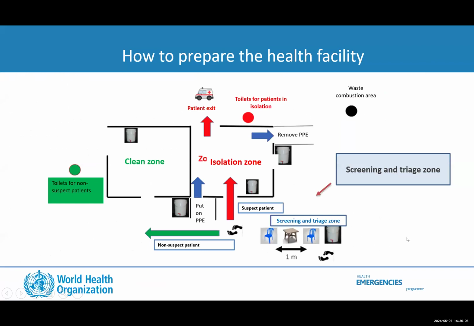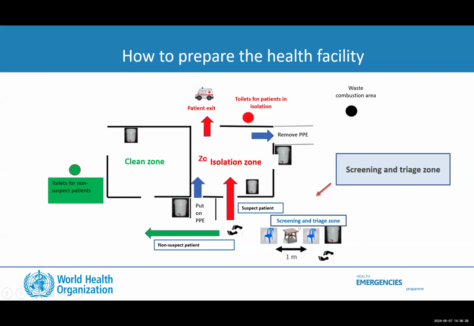So meaning for all the patients who come in here, this is the entrance, they are screened, yeah? And patients who do not have a rash, fever, or lymphadenopathy, or don't meet the locally defined case definition based on the WHO recommendations, all those who are non-suspects, now they go through the green area, and then they can be seen in any area that they need to be seen, like in the facility, like the pediatric cases and so on and so forth.